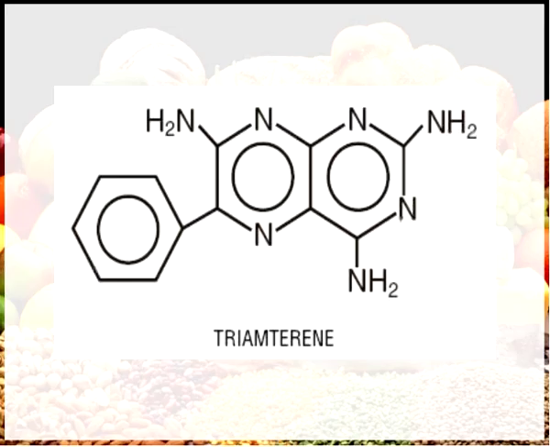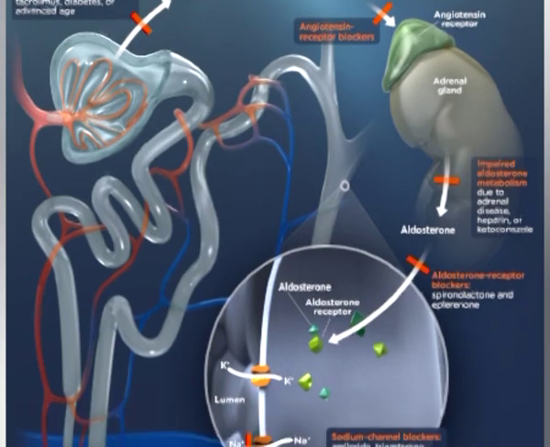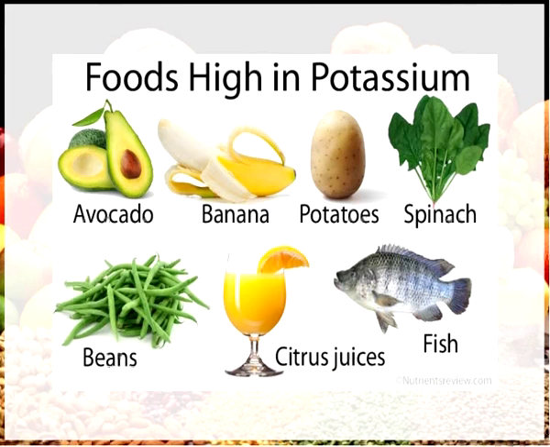Potassium sparing diuretics like triamterene decrease the kidney's ability to remove potassium, which can cause a high level of potassium in the blood called hyperkalemia. High potassium is harmful and can cause irregular and rapid heartbeat. While using diuretics that can increase potassium, eating large amounts of food containing high potassium should be avoided.